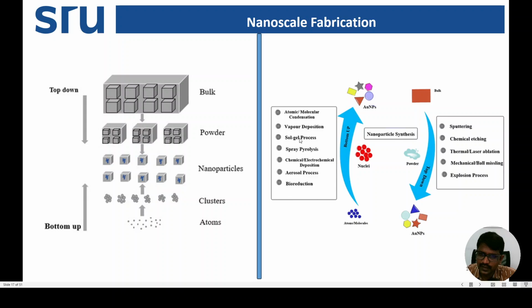So these are the methods or techniques for bottom up approach. Usually we make nanomaterials in two ways, top down approach and bottom up approach. These are the examples for each.